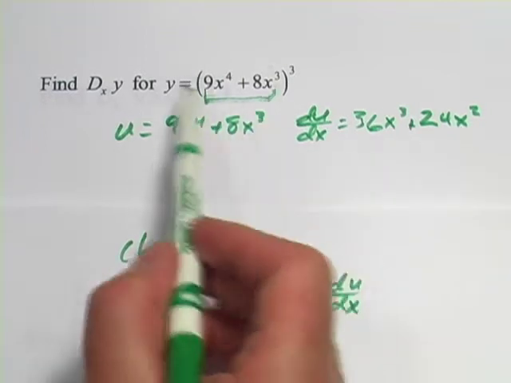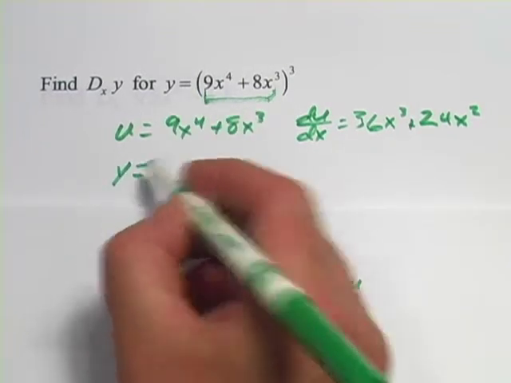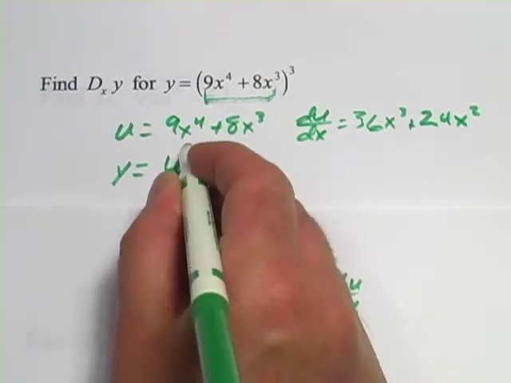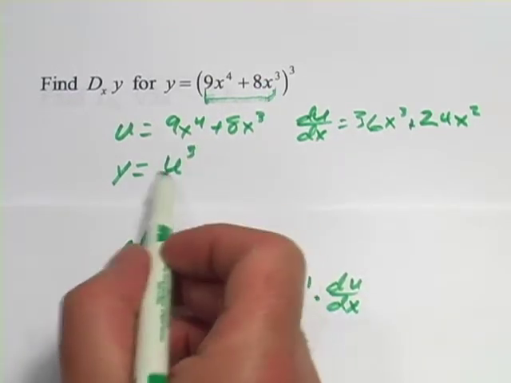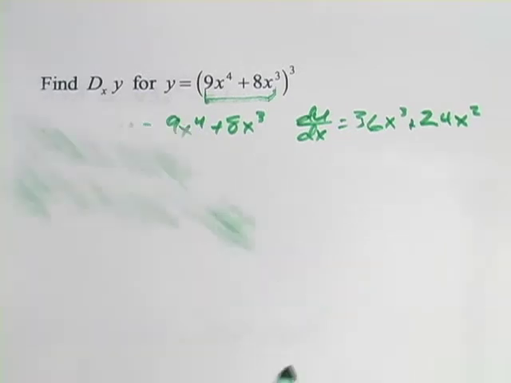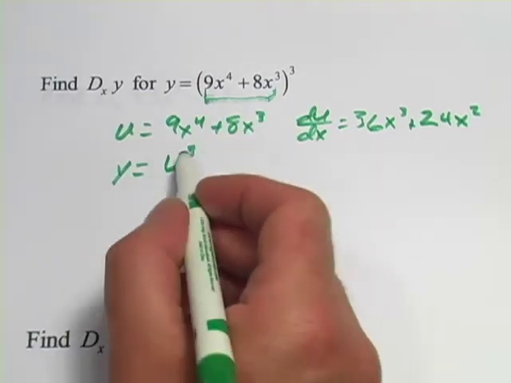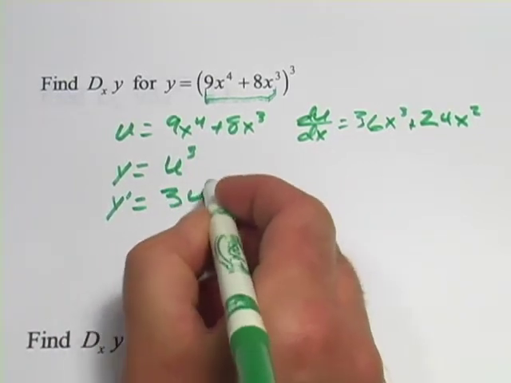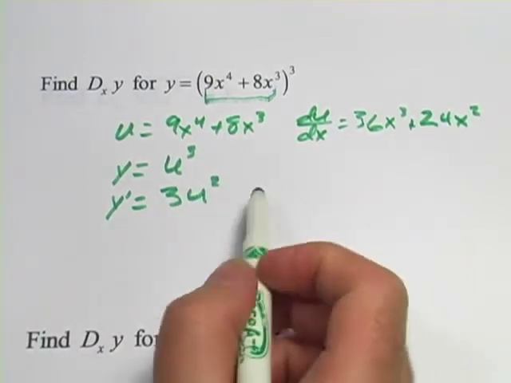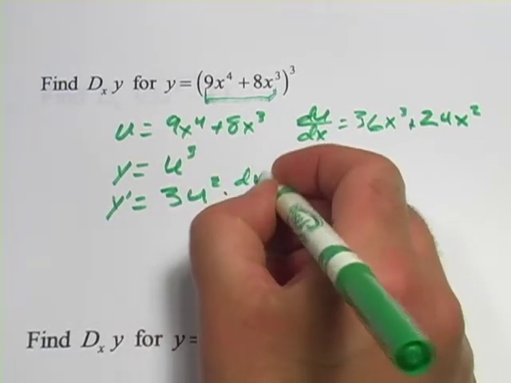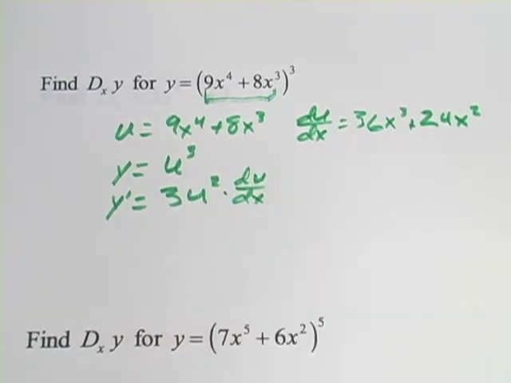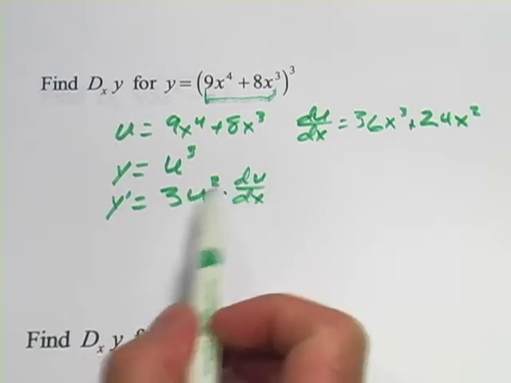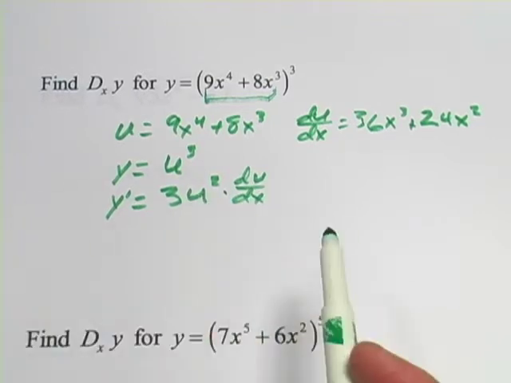So I'm going to reset up this problem, y equals, and instead of this raised to the third power, I'm going to say that's u to the third power. Now that I could take the derivative of. So to do that, I simply say y prime here is going to be 3u squared. But because of the chain rule, I have to remember we have to multiply du dx. Now once I've gotten this far, all I have to do is substitute my u and du dx back in, and I'm done.